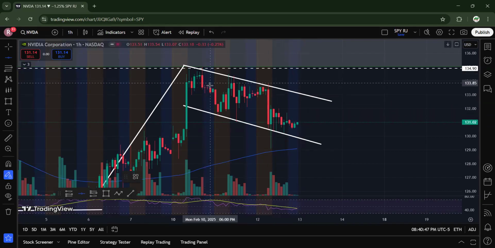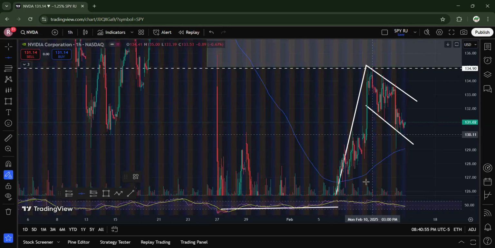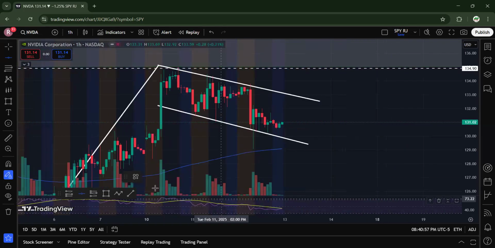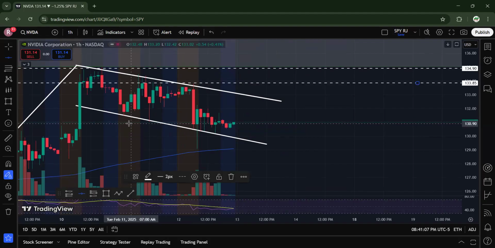I'm looking at this and thinking, okay, this is a counter trend right now. We know the overall trend is bullish, but it's pulling back. This needs to break this counter trend high, right around there somewhere. So around 133.85.